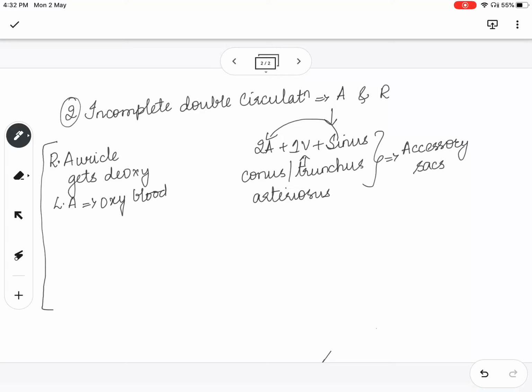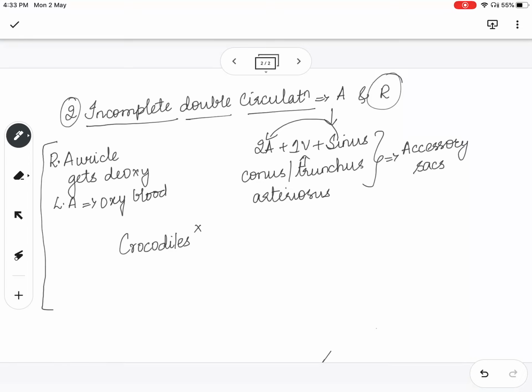Because of having one ventricle, it is called incompletely divided. The deoxygenated blood from the right auricle and the oxygenated blood from the left auricle come in contact with this only ventricle. Because of this incomplete division, the pure and impure blood, that is oxygenated and deoxygenated blood, get mixed up. Hence it is called incomplete double circulation. This is the second part, but there are exceptions, that is crocodiles. They have a complete, well developed one.